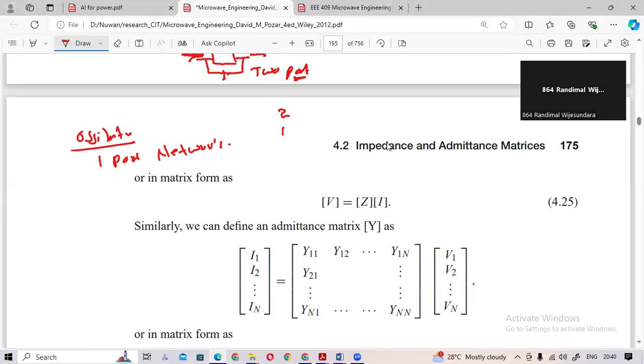If you consider an antenna, how many ports are there in an antenna? Tell me, what are the ports?